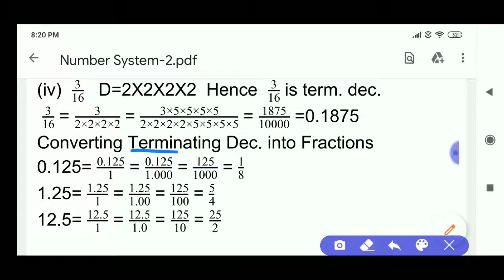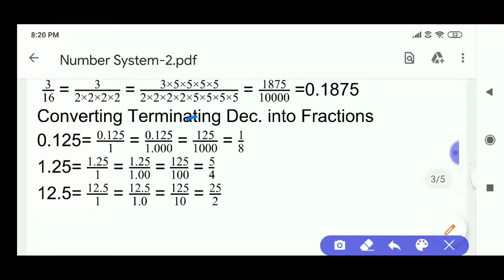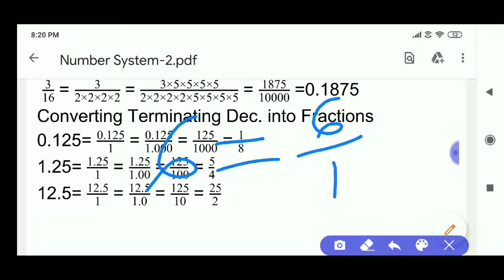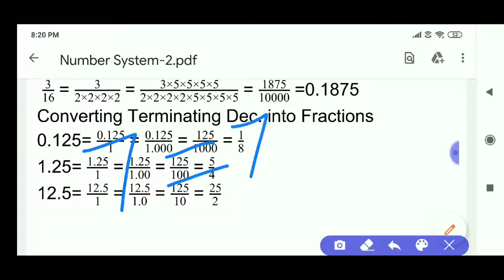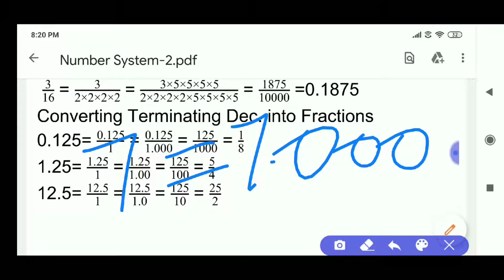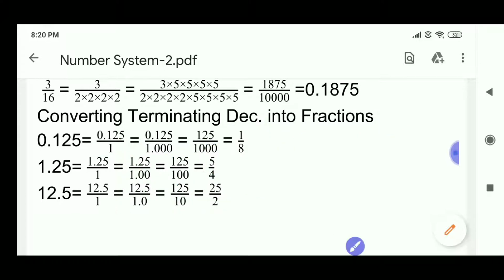Now, converting terminating decimals into fractions. It is very simple. We know that 6 is equal to 6 by 1, and also we know that 7 is equal to 7.0 and 7.00 and so on. We use this here.